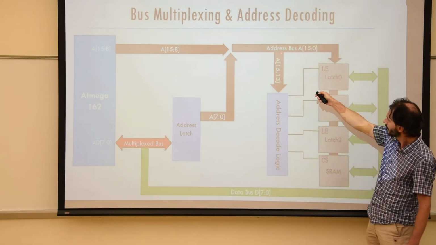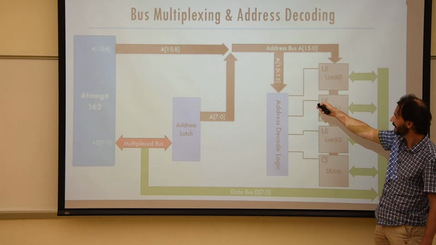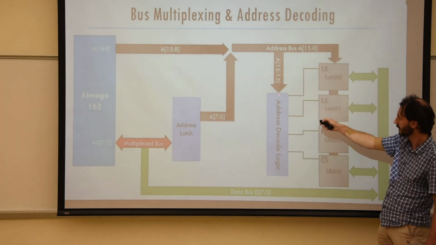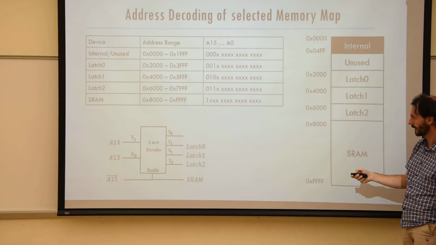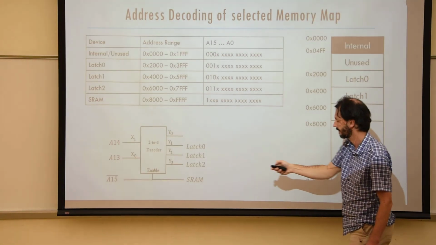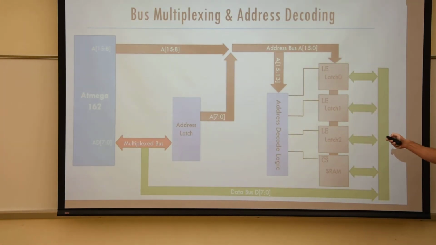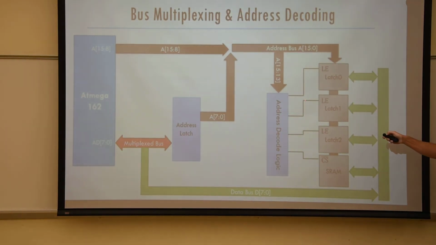I'm forwarding A15, A14, and A13 to my address decoder logic that we had over here. And as output, through this enabler, I will figure out whether I'm interested in this latch, or this latch, or this latch, or this SRAM. If I'm interested in this SRAM, I also need all the other address bits.